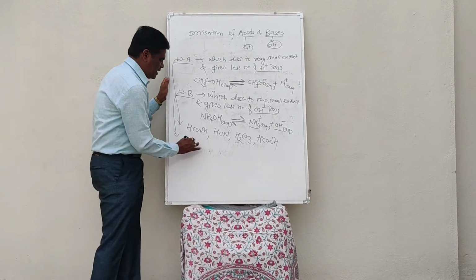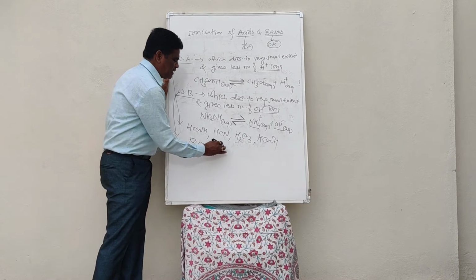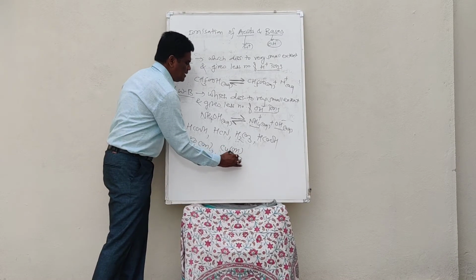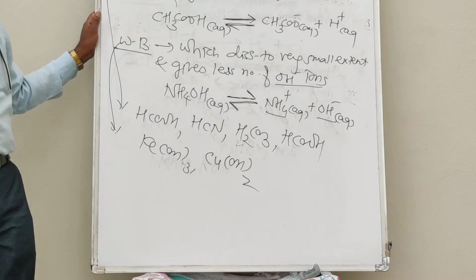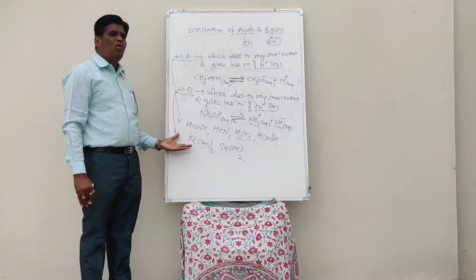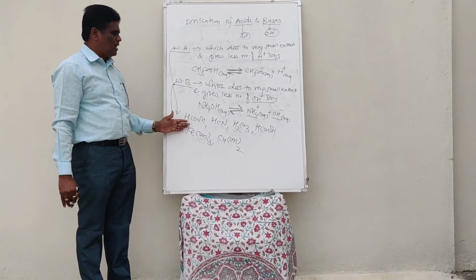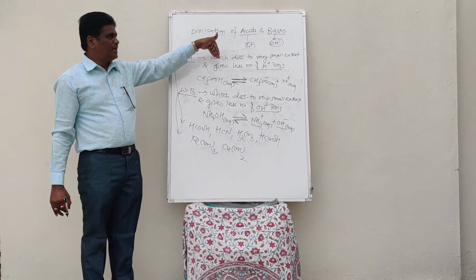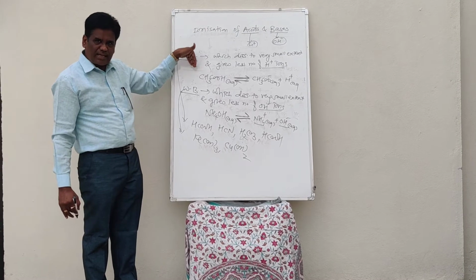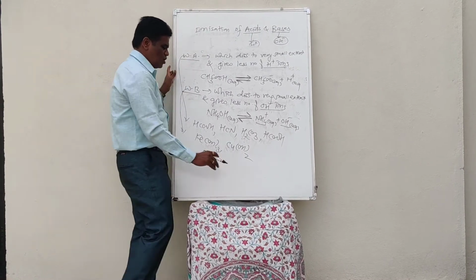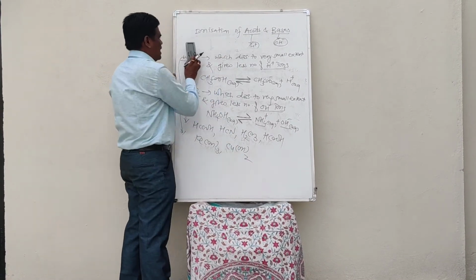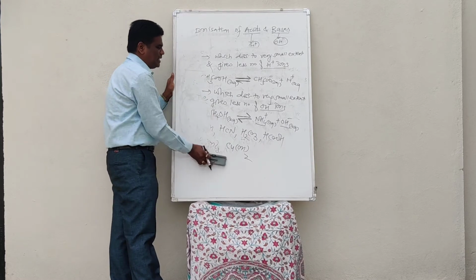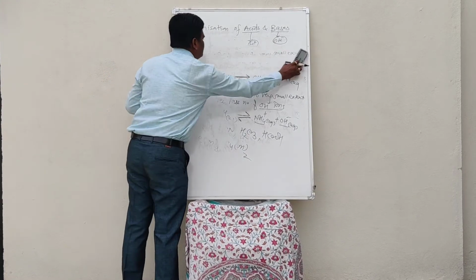Fe(OH)3, ferric hydroxide, is a weak base. Cu(OH)2, copper hydroxide, is a weak base. Pyridine is also a weak base. So in this way you have to remember the ionization of weak acid and weak base, as well as ionization of strong acid and strong base. In short, you have to complete this bit, the ionization of acids and bases.